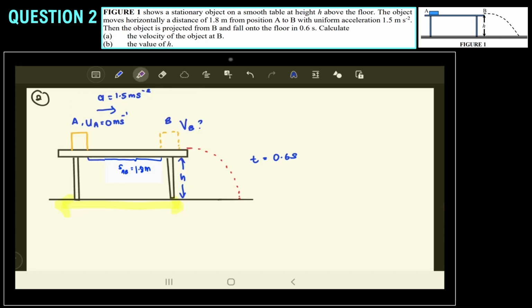While from B to the floor, let's say this is the point C. Here is projectile motion. So let's write in the yellow color. Here is the linear motion. And here is the projectile motion.